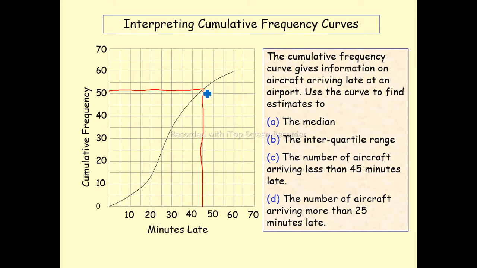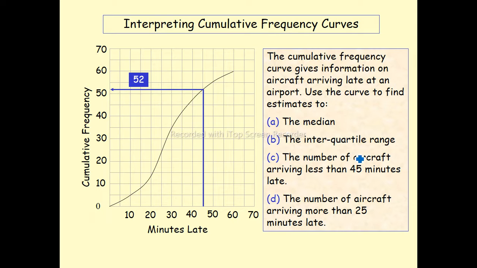Whatever the point is, that's the cumulative frequency at that particular upper bound. So it's going to be about 52 or 53. Okay, so there we go. 52. See, you got that.